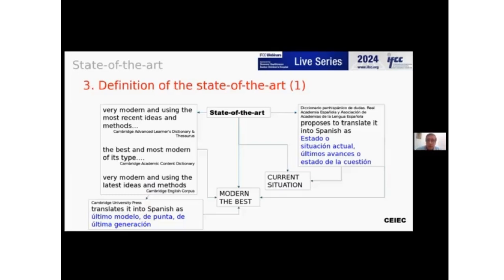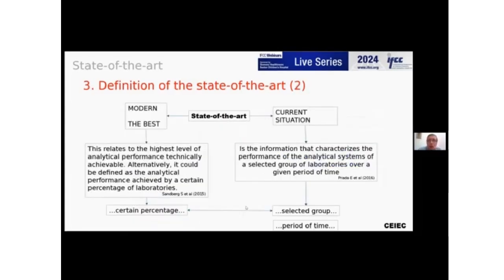If we go to a more specific context, in our sector, we have two important references. The first is December 2015, which logically relates the state-of-the-art as the highest level of analytical performance technically obtained and indicate that this can be known through the selection of a certain percentage of laboratories.